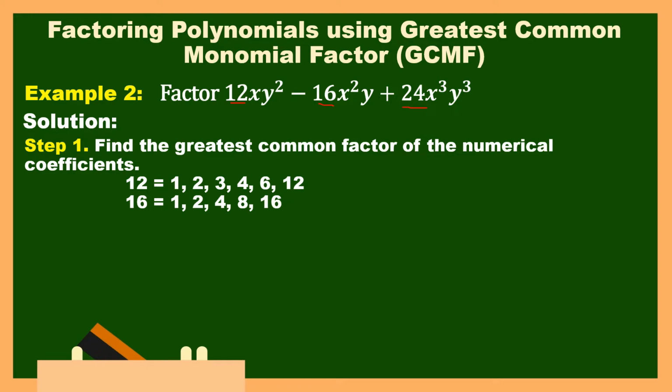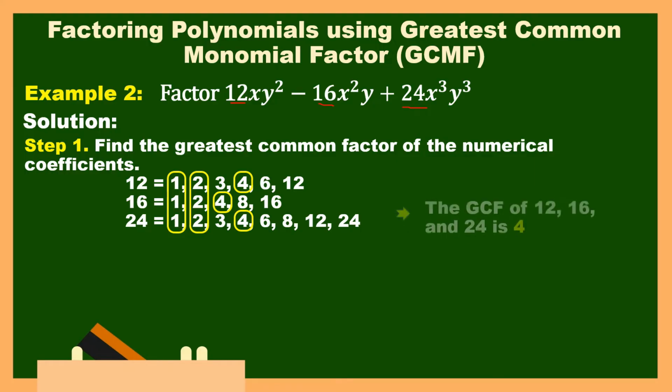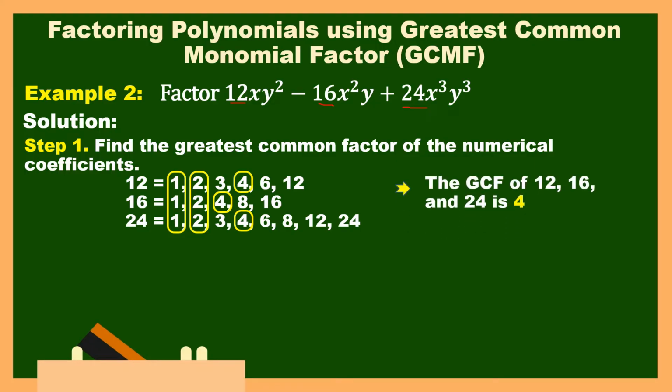At ang 24, merong factors din na 1, 2, 3, 4, 6, 8, 12, and 24. Ngayon, hanapin natin ang kanilang mga common factors. Meron tayong 1, 2, and 4. At dahil ang hinahanap natin ay ang GCF o yung pinakamataas na common factor, the GCF of 12, 16, and 24 is 4.